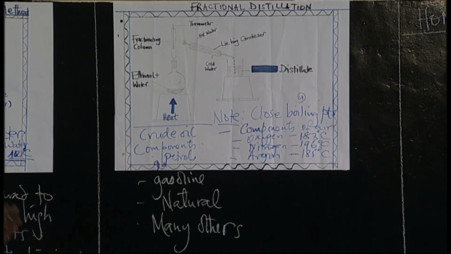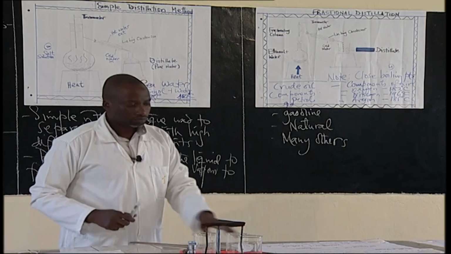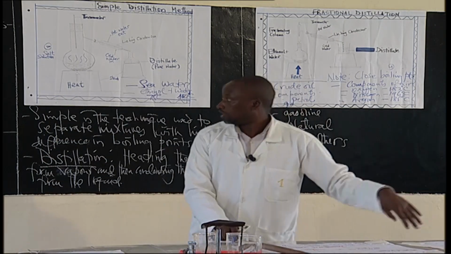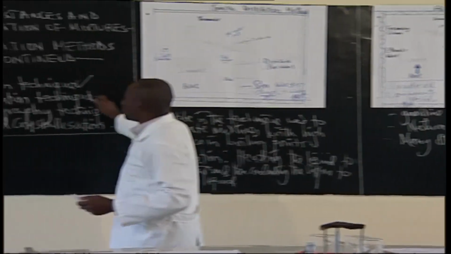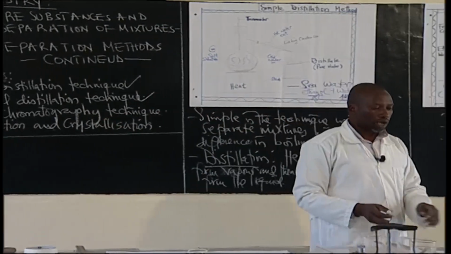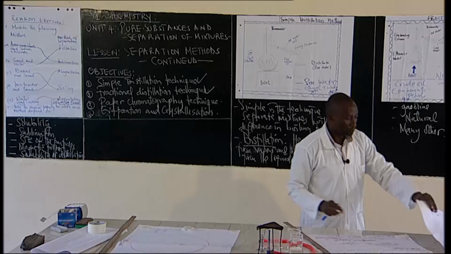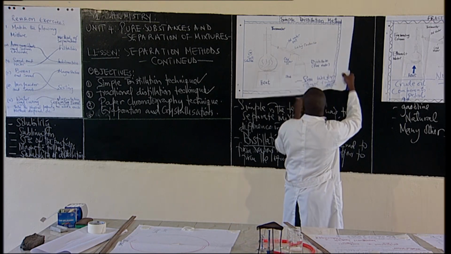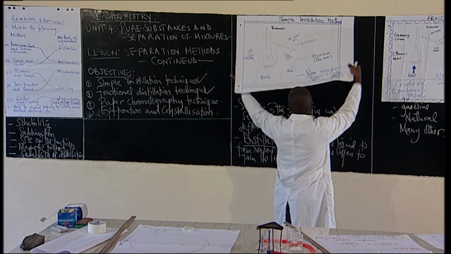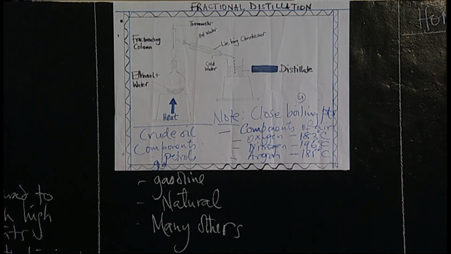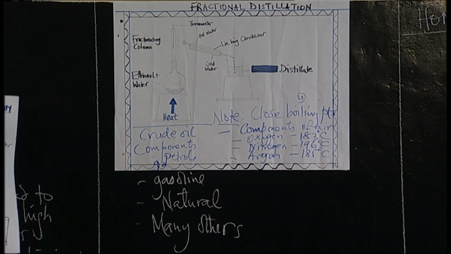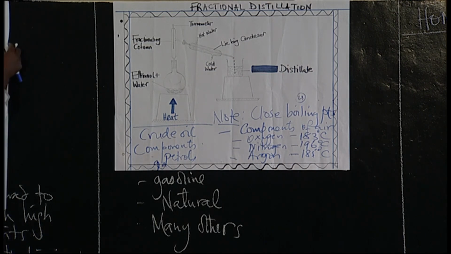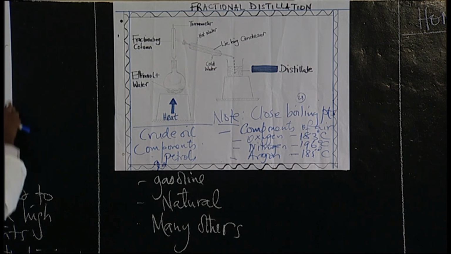So we'll just move straight to another technique that we are supposed to look at, which is paper chromatography. You'll allow me to remove this one, and then look at paper chromatography in the next step, which is another method that can be used to separate components.